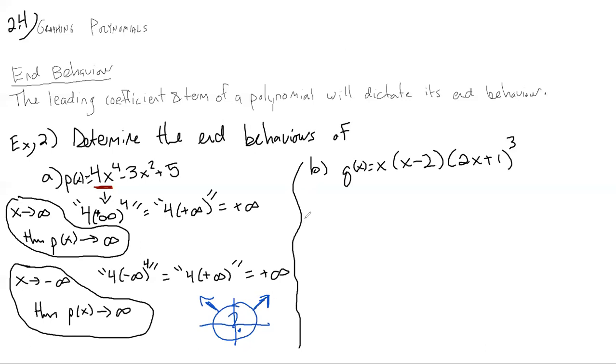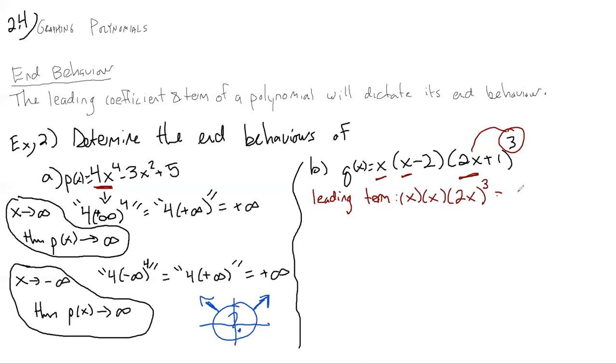Okay, for B, this one's all factored, but we can figure out the leading term of this by just multiplying all of the leading terms, including their multiplicities. So the leading term will be x times 2x cubed.